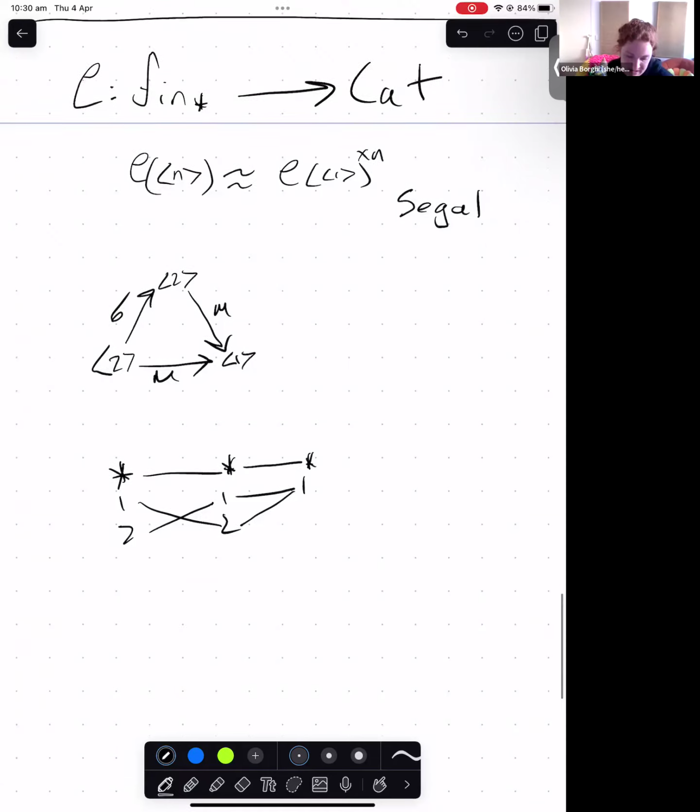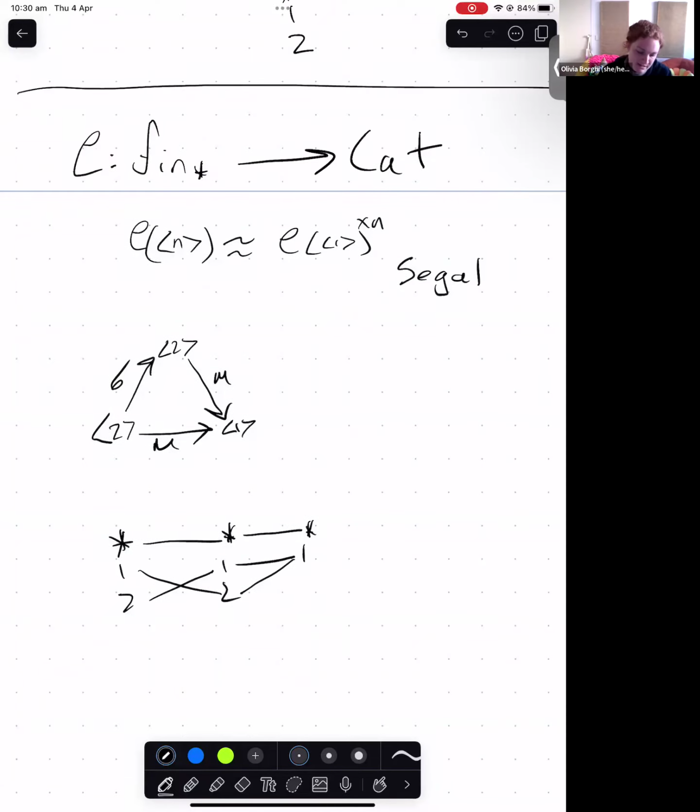So since this is a pseudo-functor and it has this Segal property, the image of this in the 2-category of categories is going to look something like this, where I have the image of 2 to the image of 2, where this is a sort of swap map. It's going to go down to the image of 1.